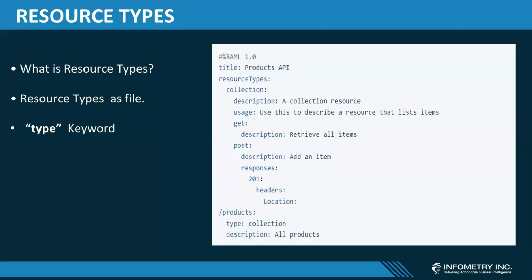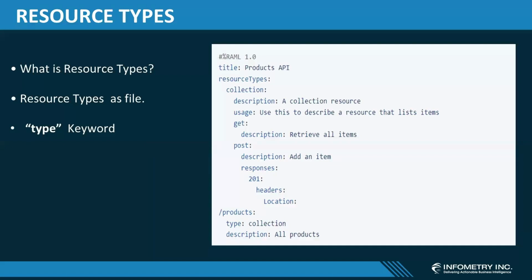If multiple resources have the same common patterns or some repetitive code, we can extract that information as a resource type, then use it in the resource wherever it is required. So resource types and traits are both basically used for reusing purposes. When I say traits, it will be method level.